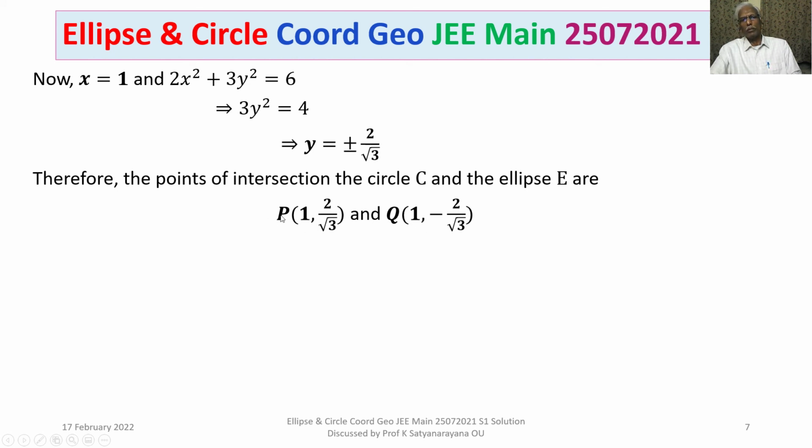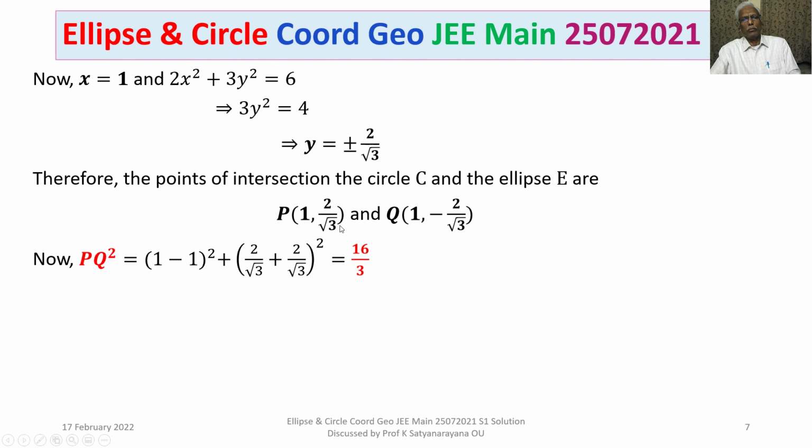Therefore, the distance between P and Q is 2 by root 3 minus (−2 by root 3), that is equal to 4 by root 3. And PQ² will be (4 by root 3)², that is 16 by 3. You can also calculate PQ² the other way around. This is a point (x1, y1), (x2, y2).